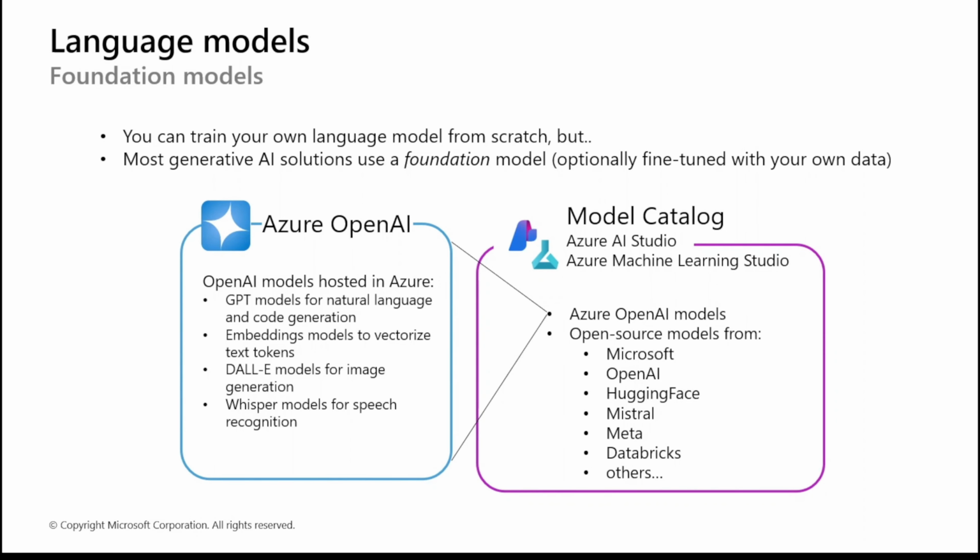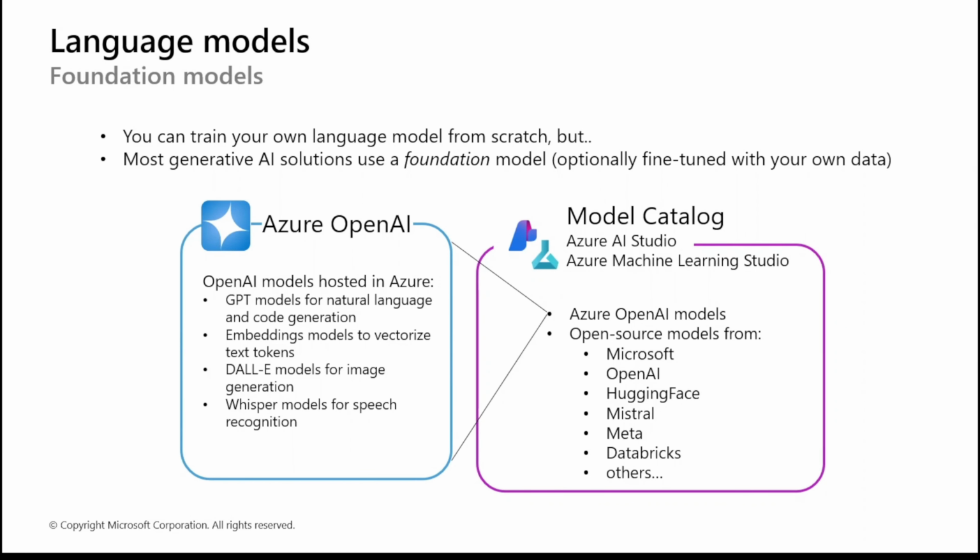OpenAI models are included in the model catalog, a curated source of models for data scientists and developers using Azure AI Studio and Azure Machine Learning. In addition to Azure OpenAI models, the model catalog includes the latest open source models from Microsoft and multiple partners. So you think about the likes of Microsoft, OpenAI, Hugging Face, Mistral, Meta, Databricks, and others. You've got so many things.